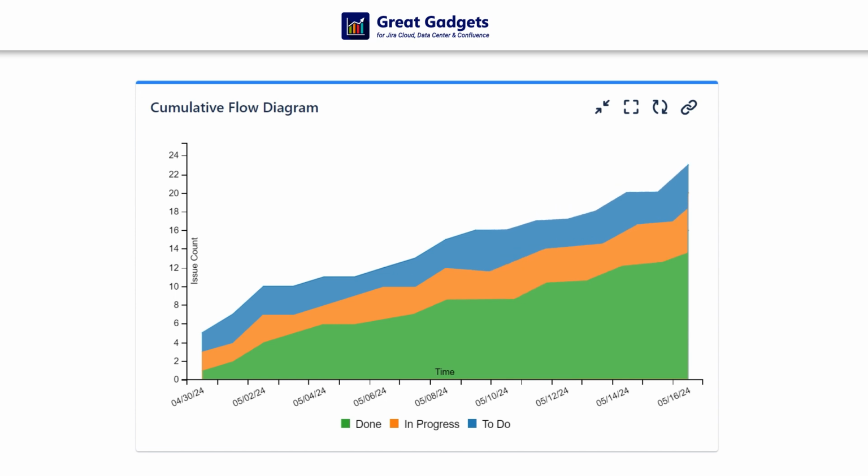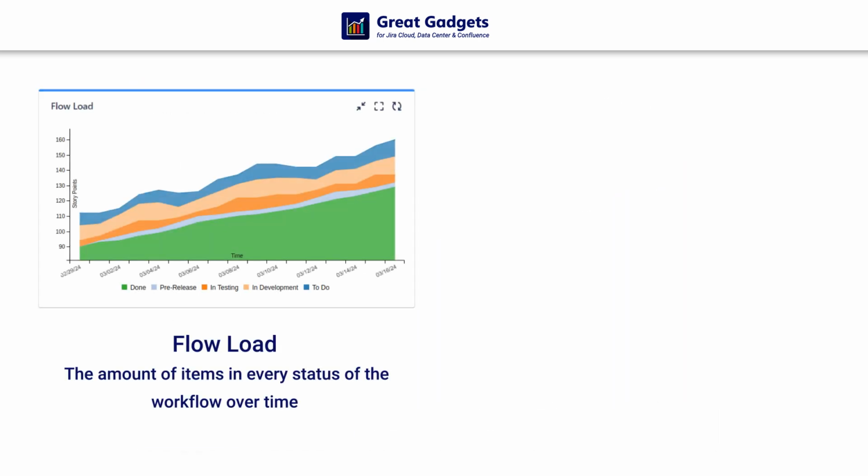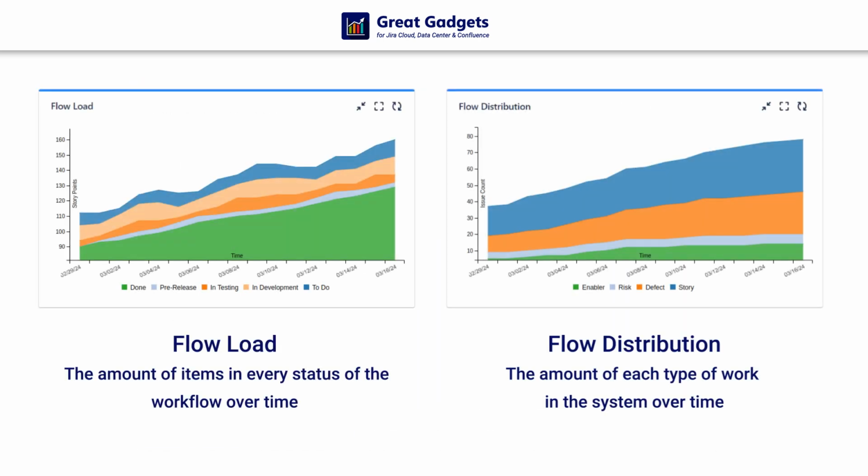The cumulative flow diagram is one of the most advanced analytics in agile project management. It not only provides information about the number of items in each state, but it can also indicate your lead time and cycle time. Additionally, the gadget can display the diagram based on few other criteria, so you can track other flow metrics, such as flow load or flow distribution.